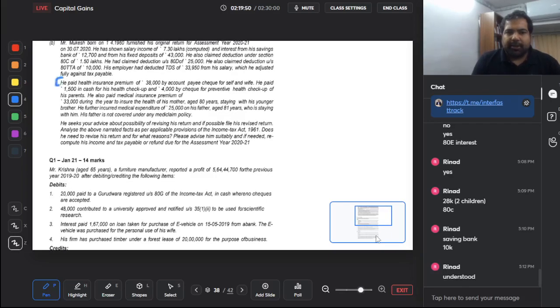Here, guys, here are the deductions. Please read and let's solve these deductions. Mr. Mukesh, he is born on 1st April 1960. For your year, he is definitely a senior citizen, so he is 60 years or more. Let's check the deductions in this case.